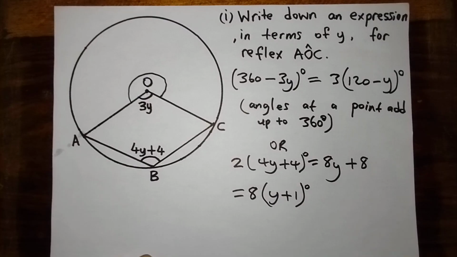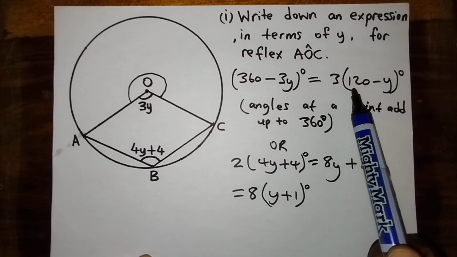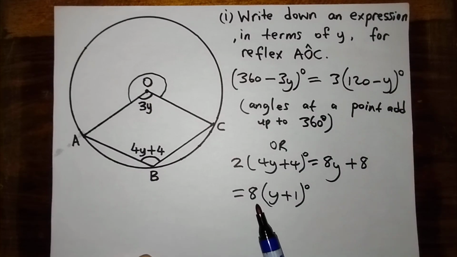So you can see that we have expressed the reflex angle AOC in 2 versions. It's either 3 multiplied by 120 minus y degrees, or 8 multiplied by y plus 1 degrees.